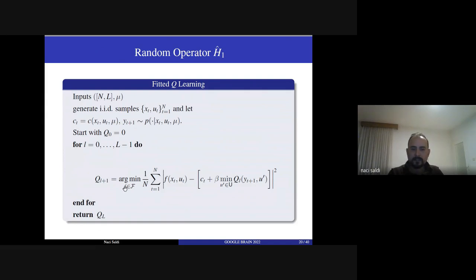From this function class, we pick the one that minimizes this empirical risk. The minimizer becomes the new Q function in each iteration, and we do this L times, and at the output we obtain some Q function. So this is the fitted Q-learning algorithm.